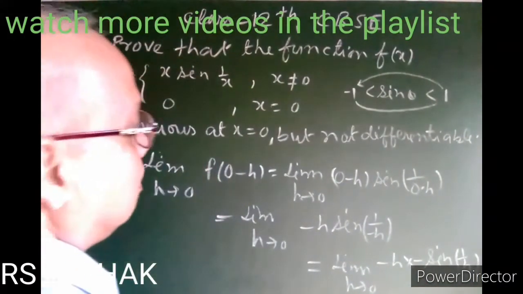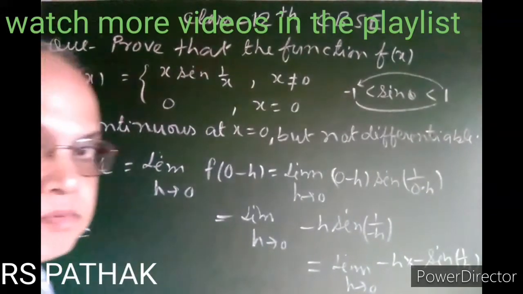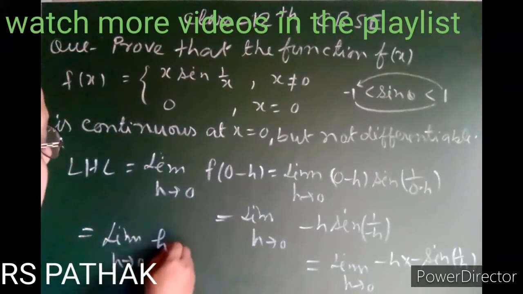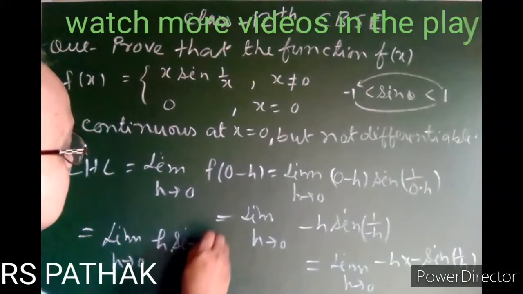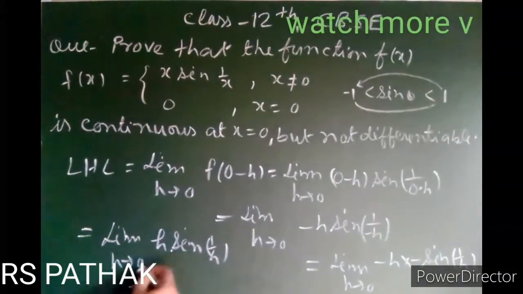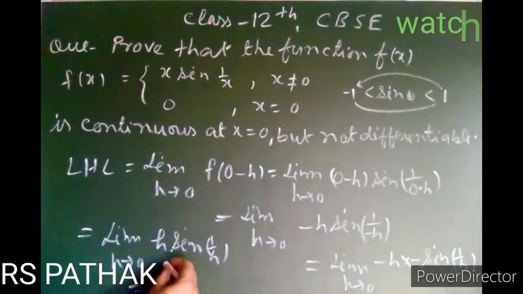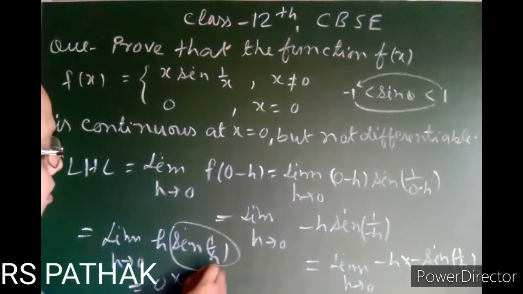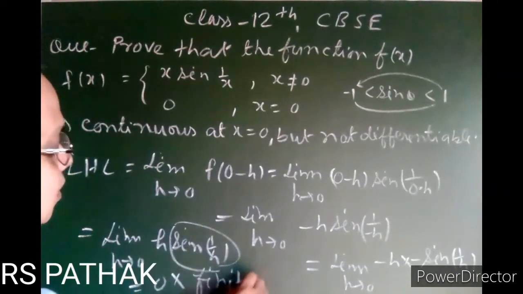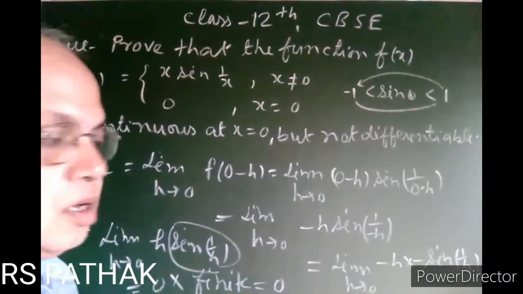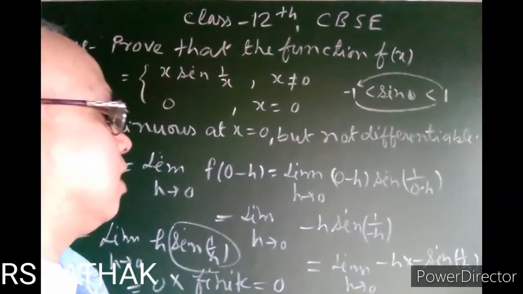The answer will be limit h tends to 0 of h sin(1/h). Again its value will be 0, because 0 multiplied by a finite value gives 0. Therefore, its value is again 0.